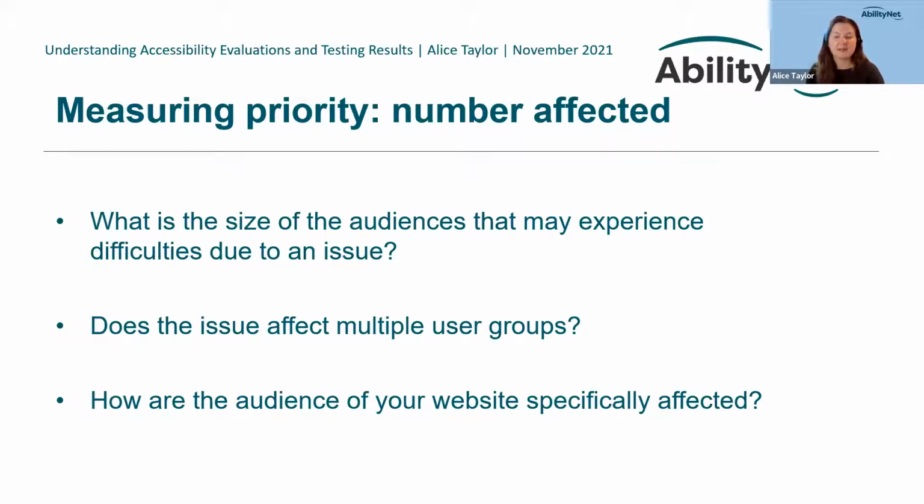So for example, you might want to make touch sizes of buttons and links larger so that they're easier to touch and easier to activate. And you may also want to prioritize issues with captions as well. So older users may have problems with hearing, in which case captions may be more important and therefore higher priority for you if you knew that you had a high number of older users on your site.